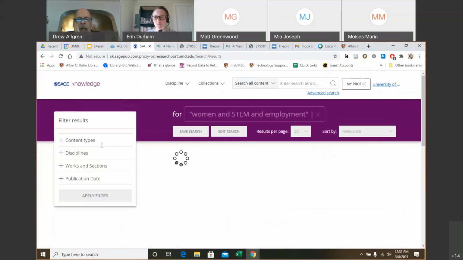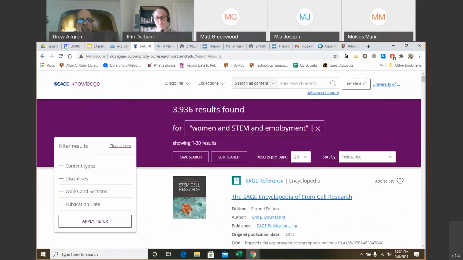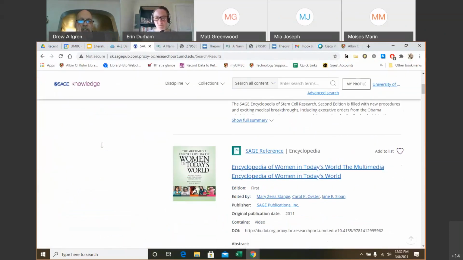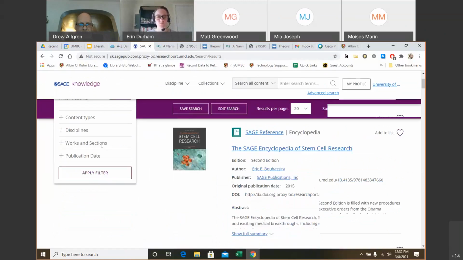Sage Knowledge is the collection of Sage reference titles, handbooks, all of that. Not the journal literature, but the reference literature. So these are the ones that you're going to go in and look at for background information and pointers to other topics and the keywords and all that kind of stuff.